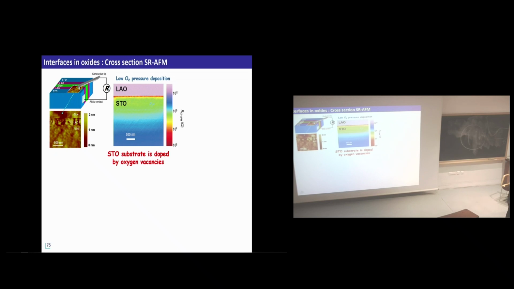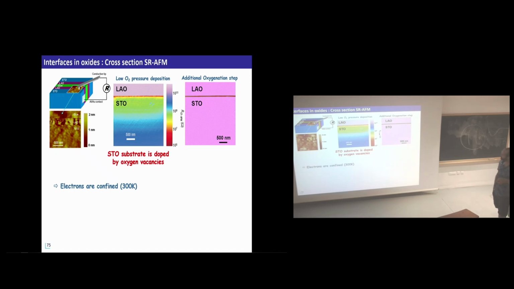conductive. On the contrary, if after exactly the same deposition process you add an oxygenation step, so you remove the oxygen vacancies from the STO, it becomes pink, insulating, but it retains this nice high conduction line here, and then you can answer, yes, there is a gas of electrons at the interface.